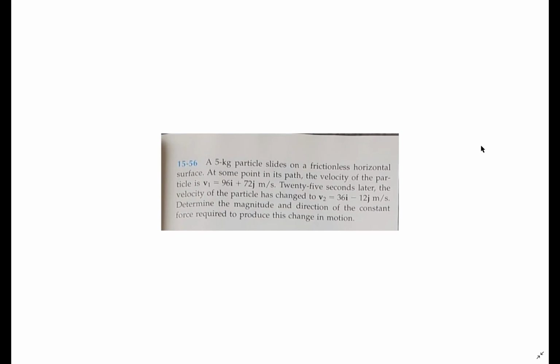Okay, so this is a particle, meaning the object technically has no shape, or we just don't care about its shape in this context, right? And then we have a velocity with a certain vector, and then a second velocity with a different vector. And both the i hat and j hat components have changed.